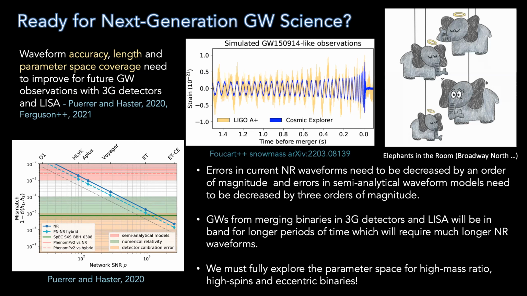Errors in the semi-analytical models will be worse because they need to be decreased even further. But the lesson here is that we really have to improve our models if we want to be able to do the science that these gravitational wave detectors will bring to us.